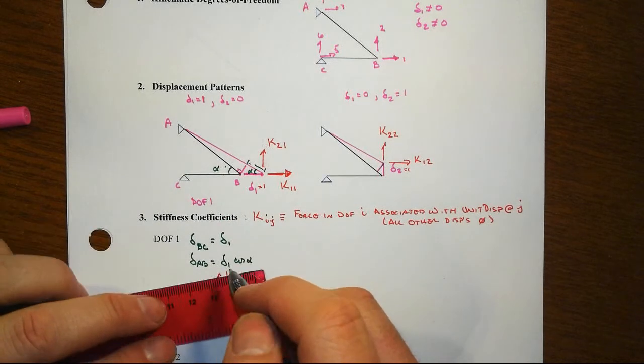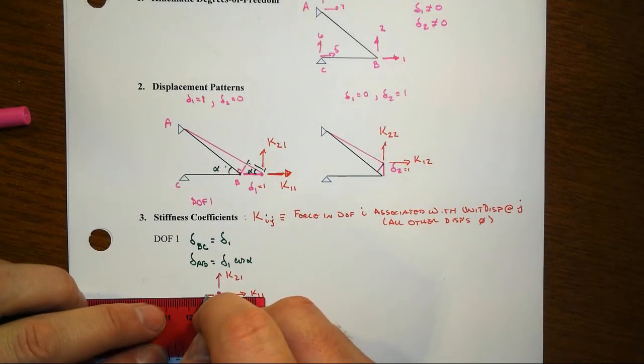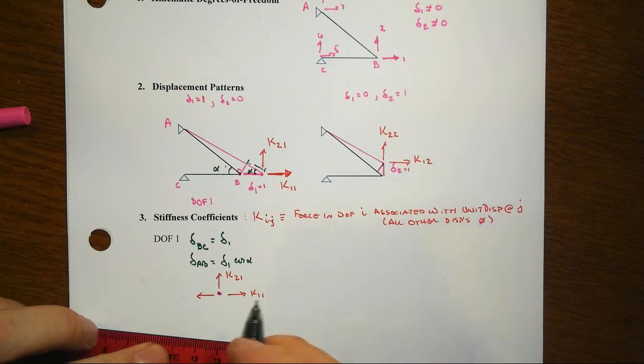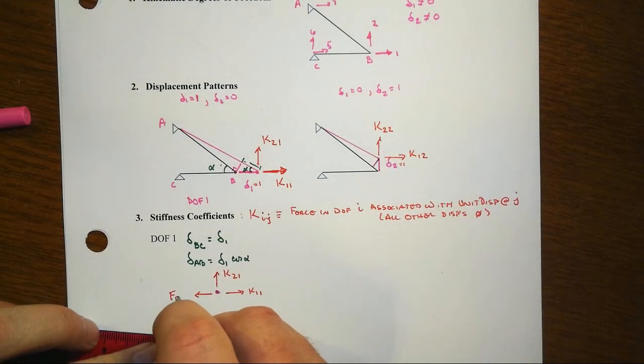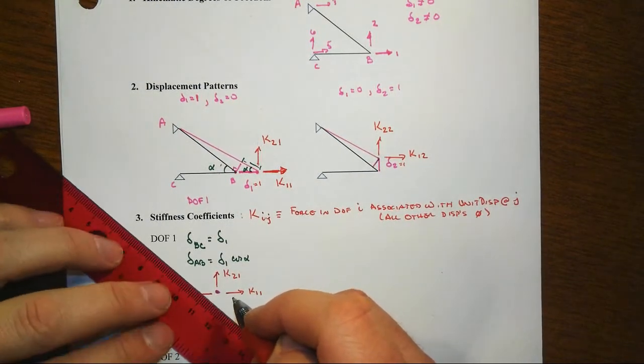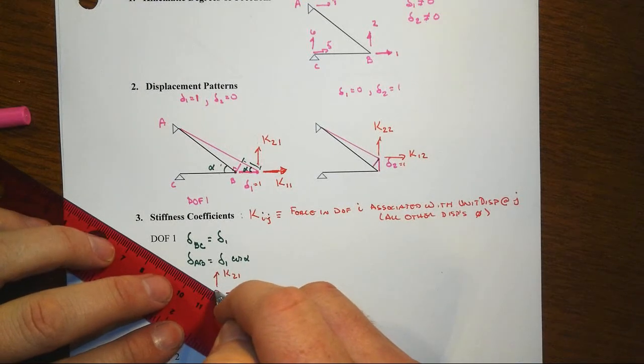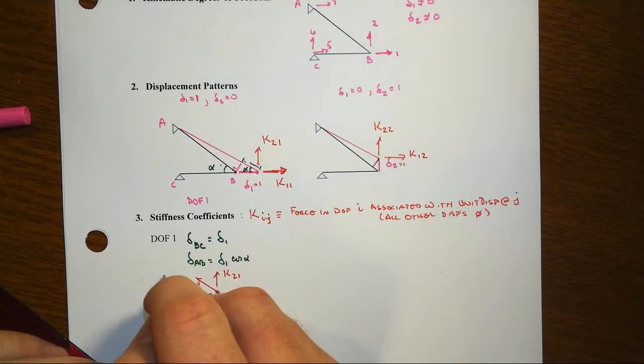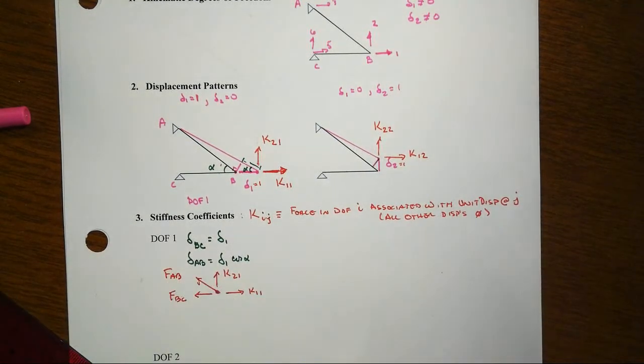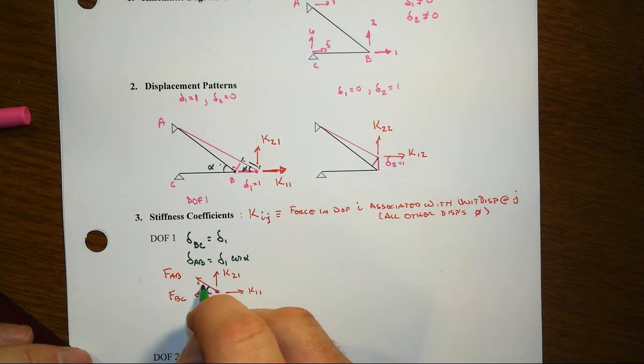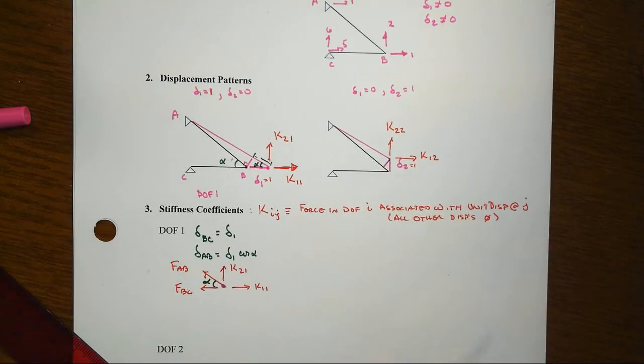And so that means that we would have the force in BC pulling away from the joint and the force in AB pulling away from the joint. Right? And so let's get the little angle in there. There's your angle alpha again. That's 38.66.